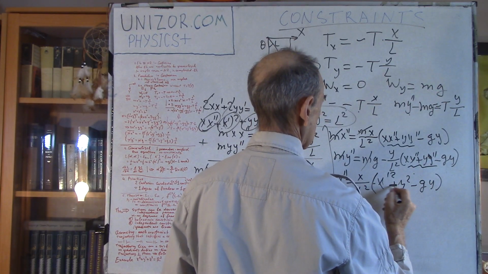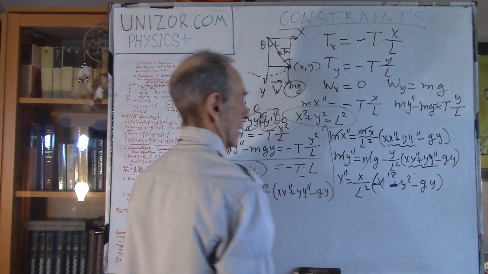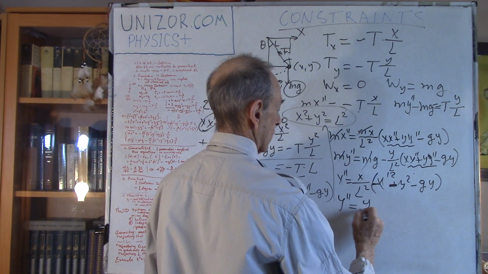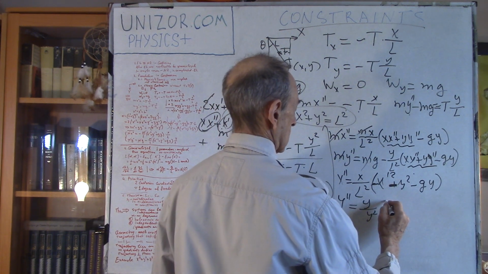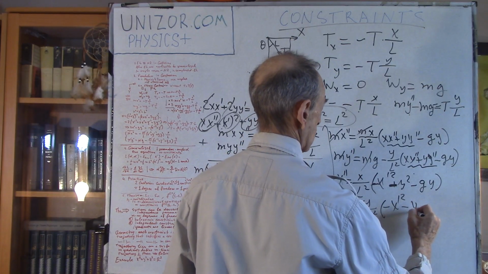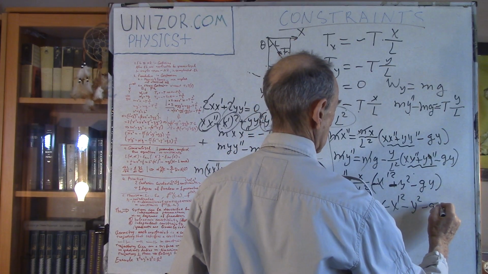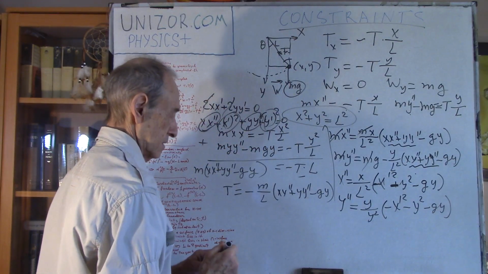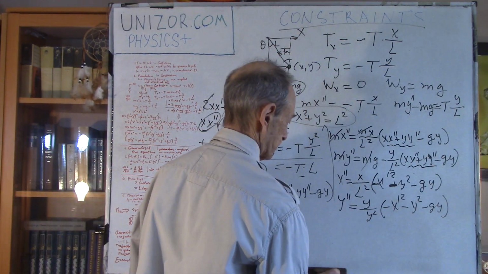So minus this, and y double prime is equal to, again, y over L squared times minus x prime squared minus y prime squared minus gy. I don't know if it's L squared, sorry.